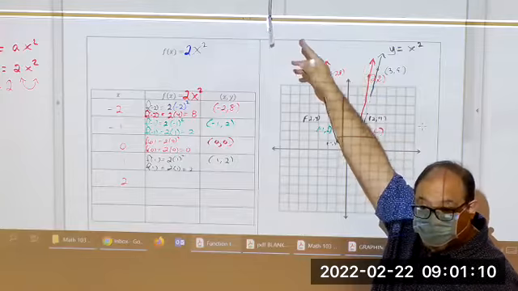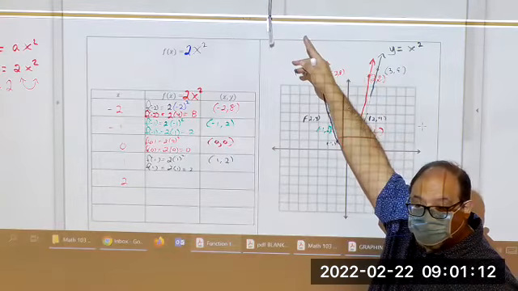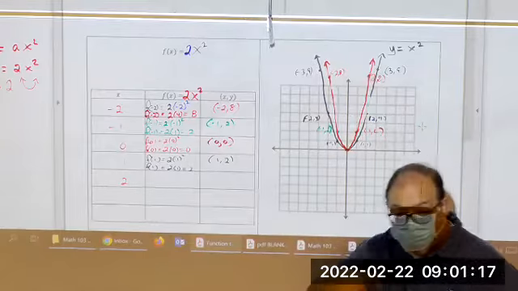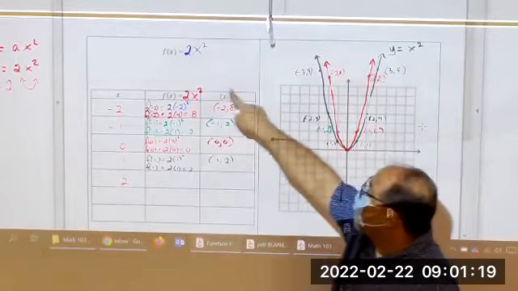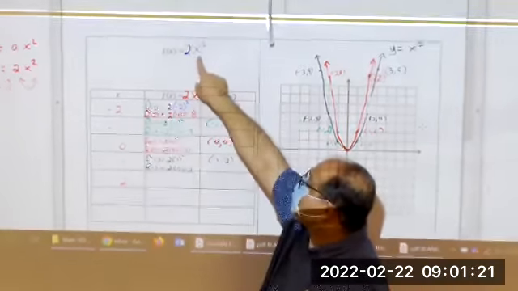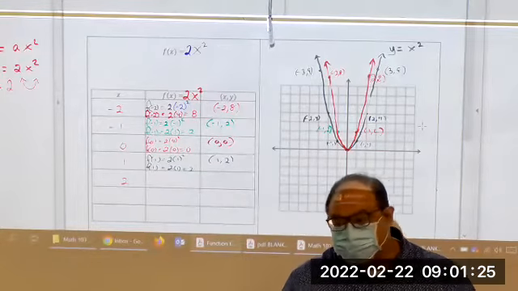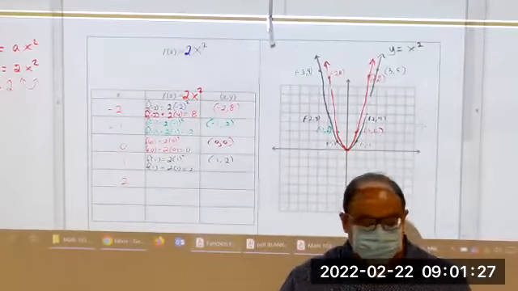That's why I didn't plug in the -3. Every y value was happening quicker, twice as fast as 1x squared. But it's narrower because it's happening quicker. It's more narrow.